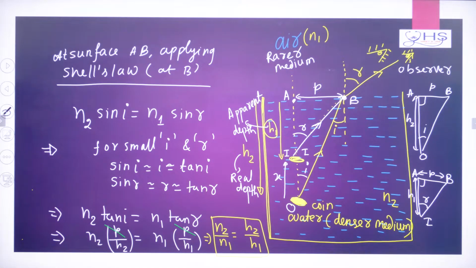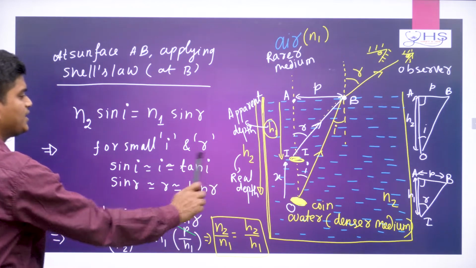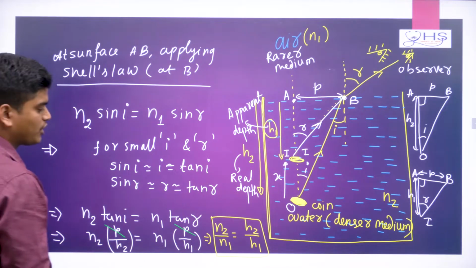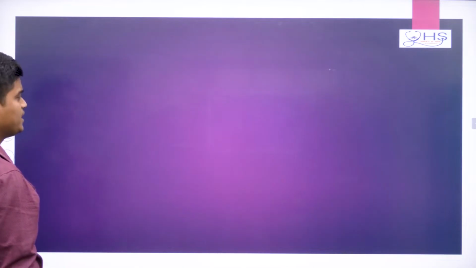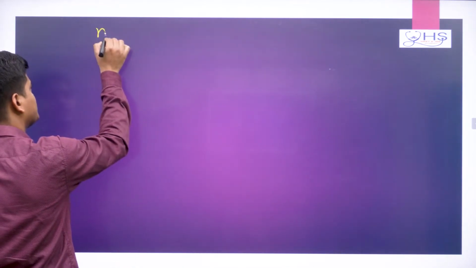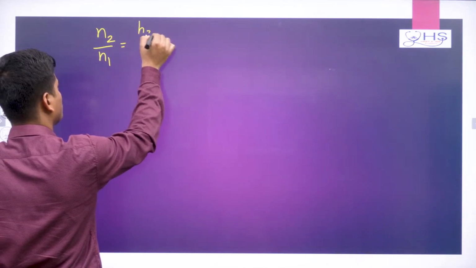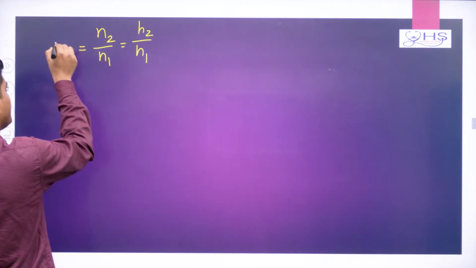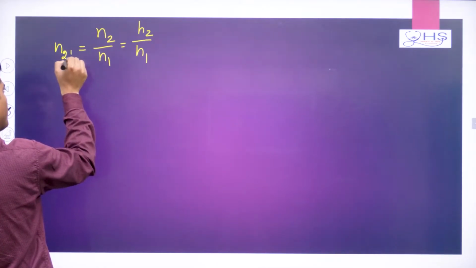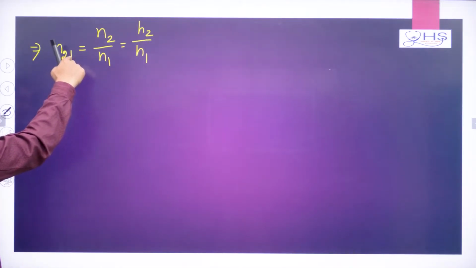I will go to the next page. There we will try to understand the relation between real depth, apparent depth, and the refractive index formula. Already we have derived this; we will modify it a little. The last result we got is N2 by N1 equal to H2 by H1, and N2 by N1 can also be written as N21, which is called the refractive index of medium 2 with respect to medium 1.